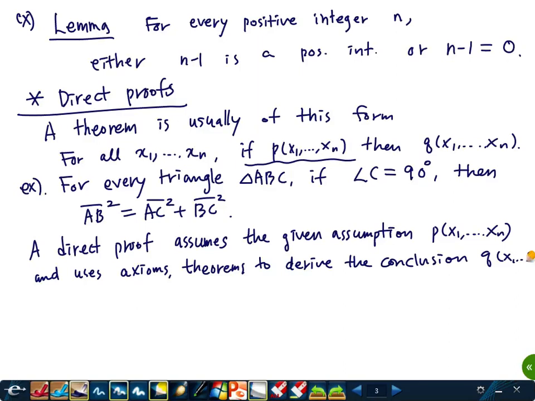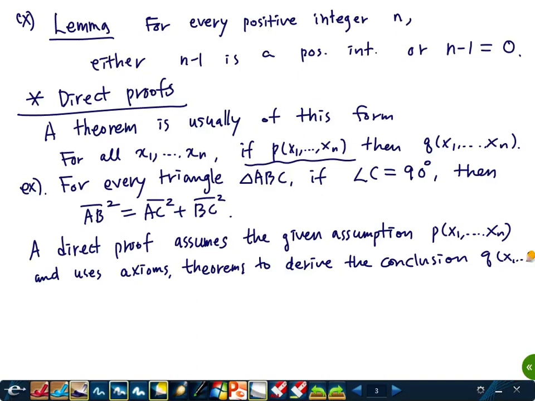So you just assume the assumption, and you just use axioms or theorems, and then finally you conclude that, yeah, the conclusion is true. This kind of argument is called a direct proof. Many proofs are direct, but there are also indirect proofs. You will see.